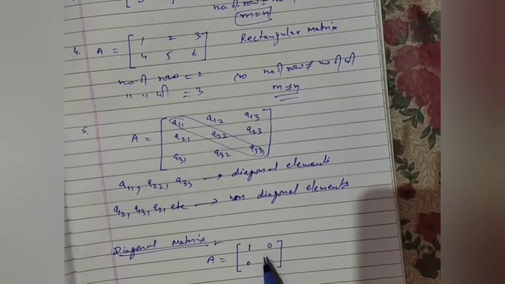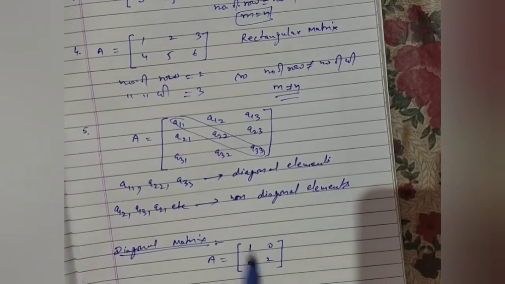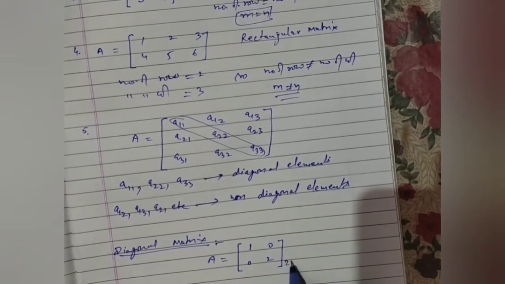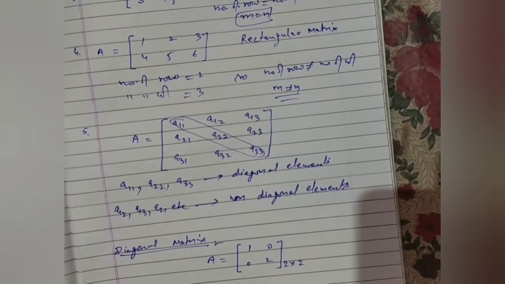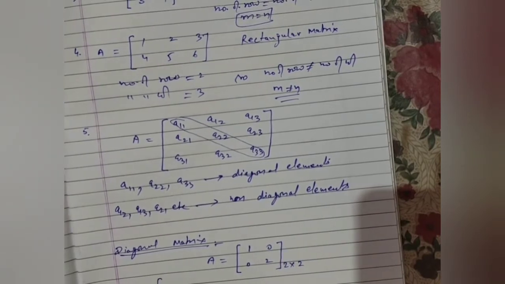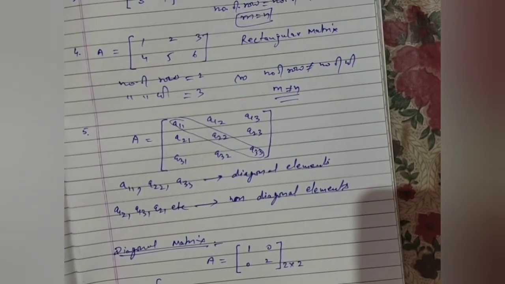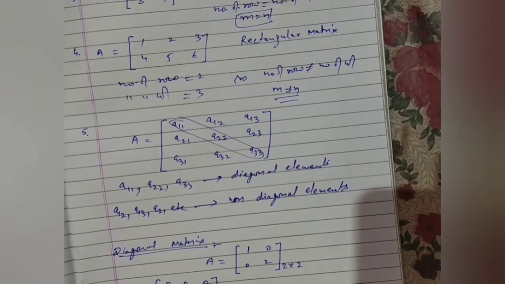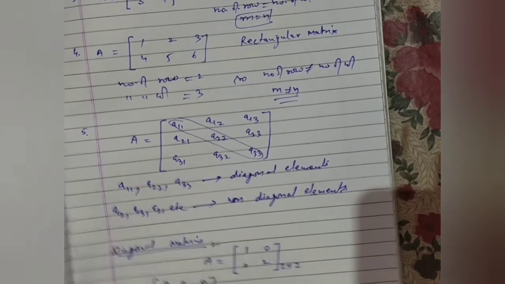It is a square matrix and all non-diagonal elements are 0, so it is a diagonal matrix. Another example: 3 0 0, 0 5 0, 0 0 1. Diagonal elements are 3, 5, 1 and non-diagonal elements are 0, so it is a diagonal matrix.